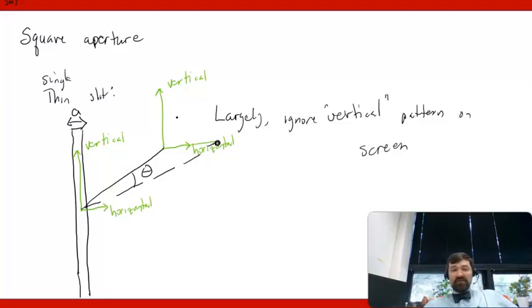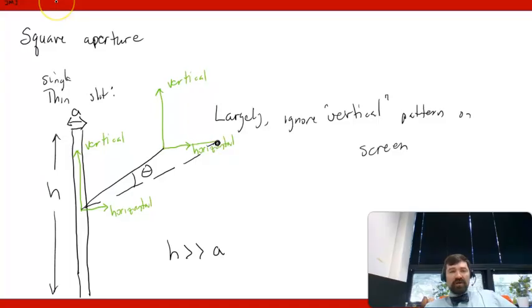So the reason for this assumption is that this dimension here, whatever the height of the slit is, is quite large compared to whatever the width of the slit is.